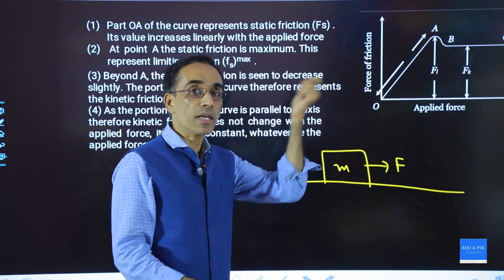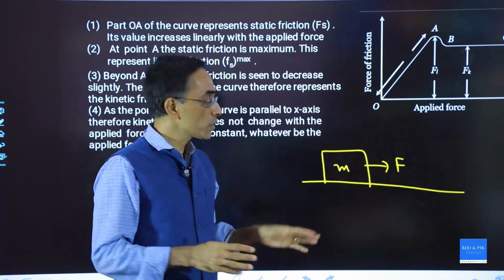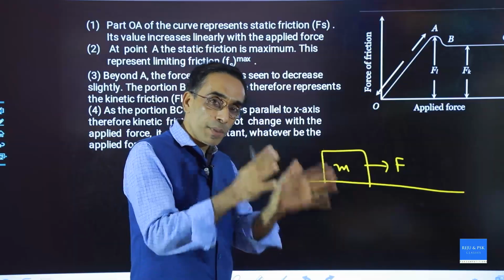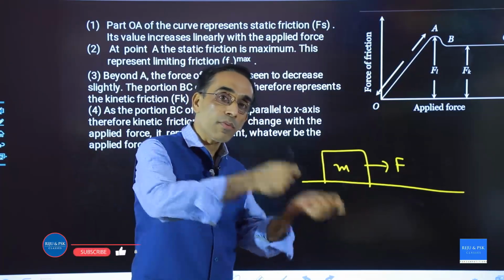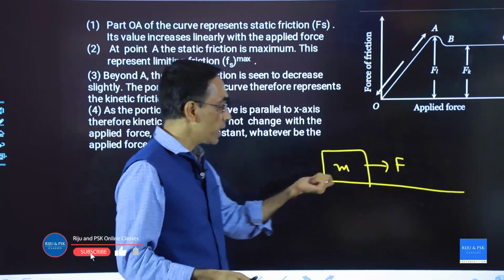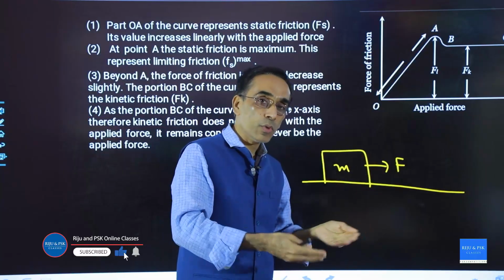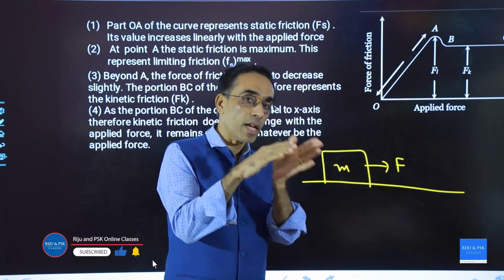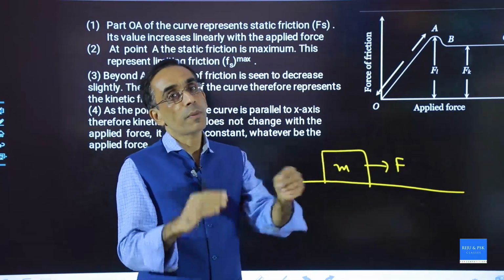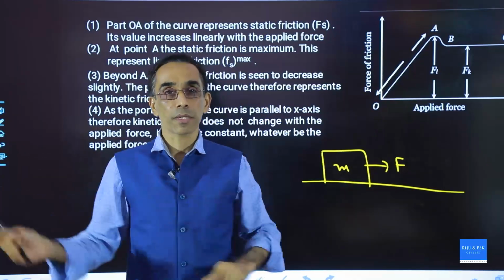Even after you increase the force, the body will not move. Up to a certain value of that force the body will not move, but beyond that the body will suddenly start moving.